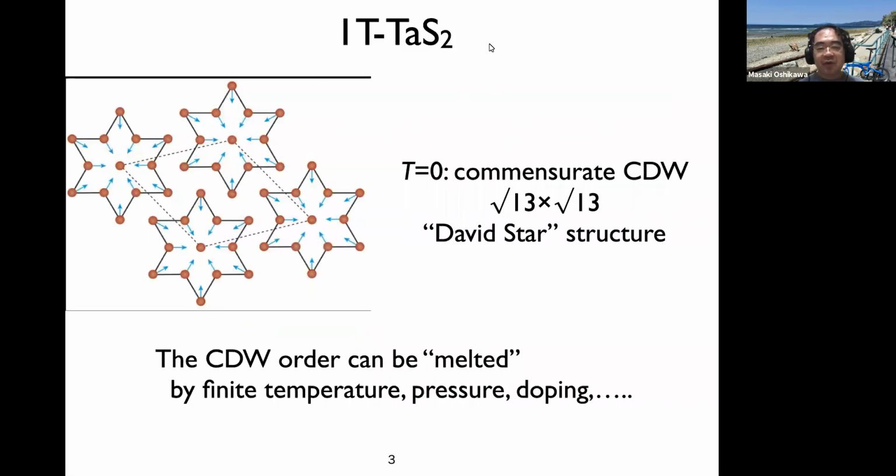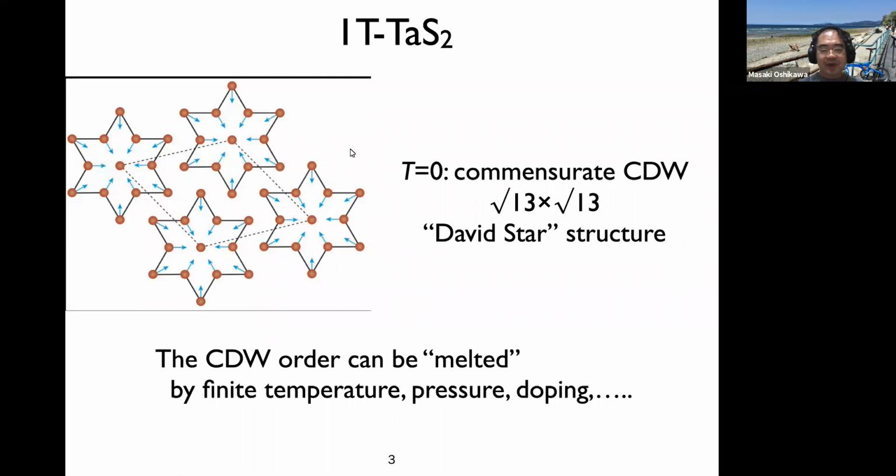Okay, so this is one subject of our approach, tantalum disulfide. This material has been studied for a long time, and at very low temperature, the ground state is found to be some kind of charge density wave state, but with some complicated structure.